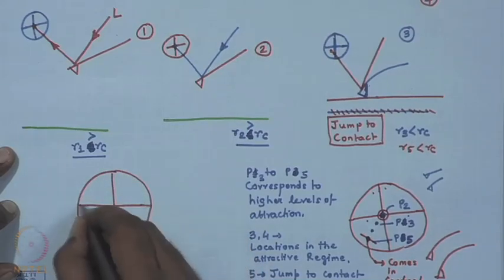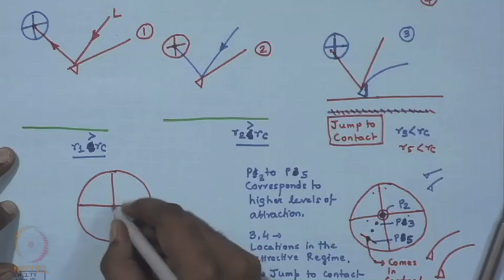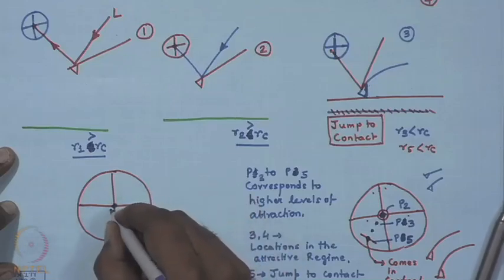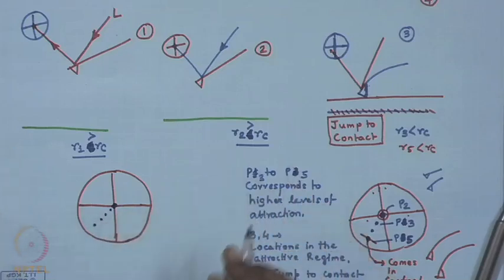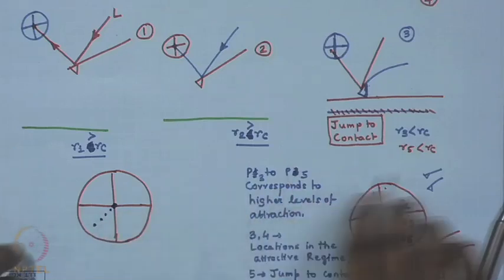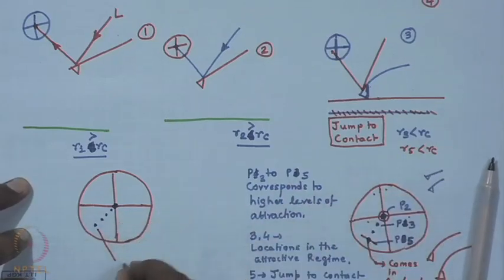So, this is where the laser spot was at alignment. This is how it progressively shifted as the cantilever tip started experiencing attraction, and let us say this is the maximum deviation we see at jump to contact.